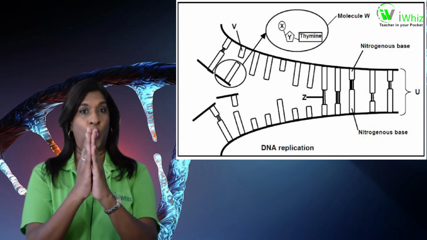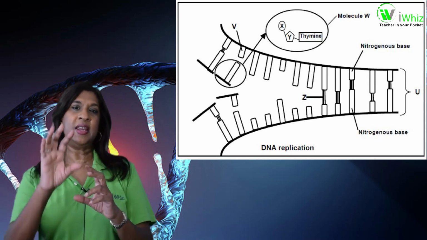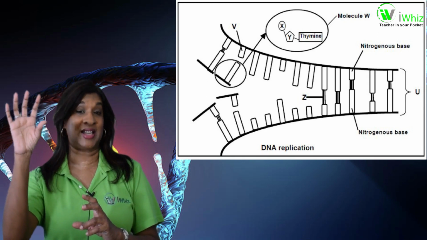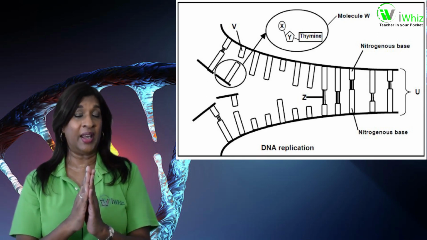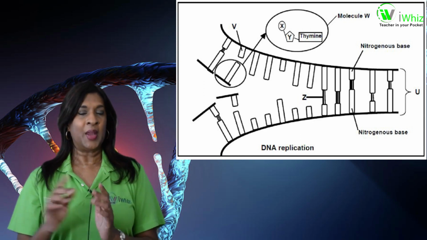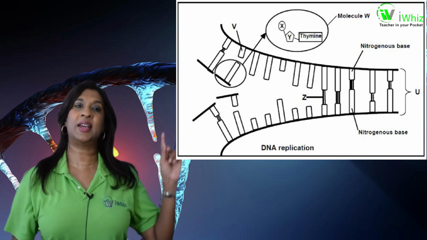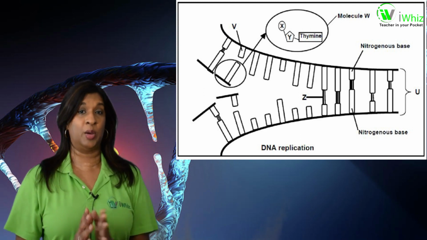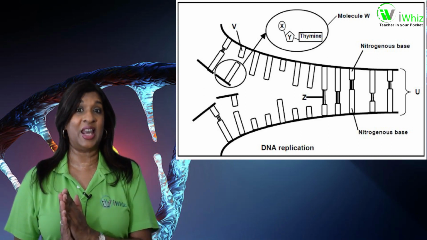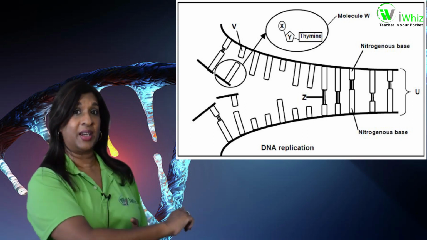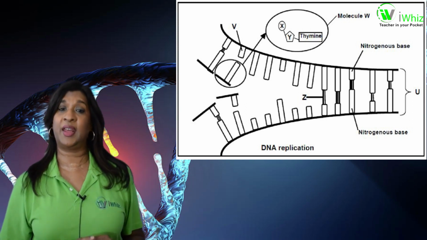If we look more closely, we can see that a single part is highlighted, and it's got the labels X, Y, and thymine. And the entire thing is circled, and it says molecule W. You've got nitrogenous base as a label. You've got a bracket with the label U right at the end.